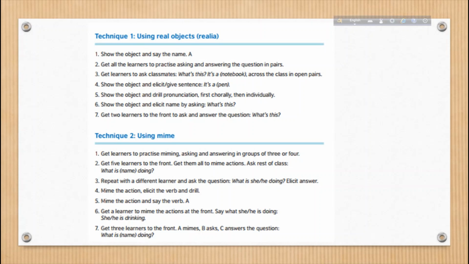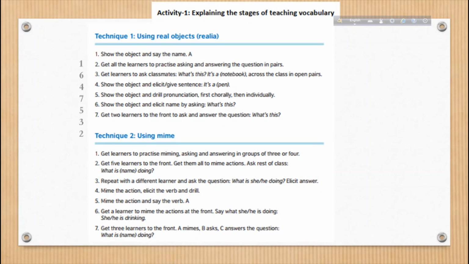Here, show the object and say the name. It will be first. Then number 6, show the objects and elicit the name by asking what's this, what's this.